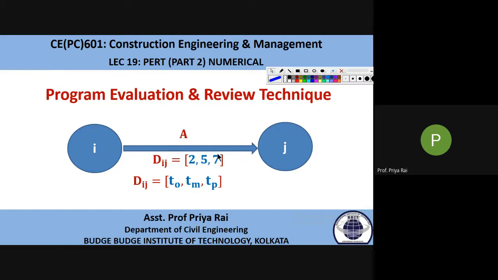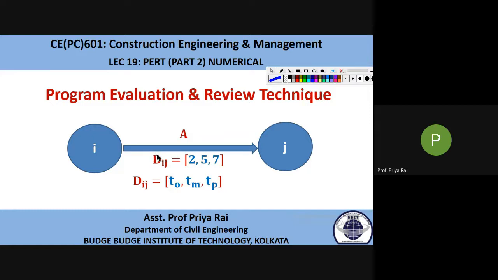These 3 time estimates need to be converted into one time estimate, which is your expected or mean duration, denoted by capital TIJ. After that, all the process will be the same: the float method, the calculation of early start time and late completion time.